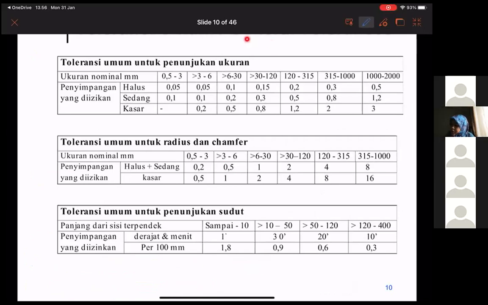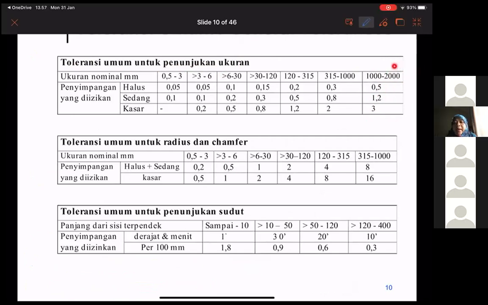The tolerance for a general measurement, toleransi umum untuk penunjukan ukuran: the higher the nominal size, the more the allowable tolerance increases. This is typically for metal; for ceramic or other types of compound there should be a different tolerance.